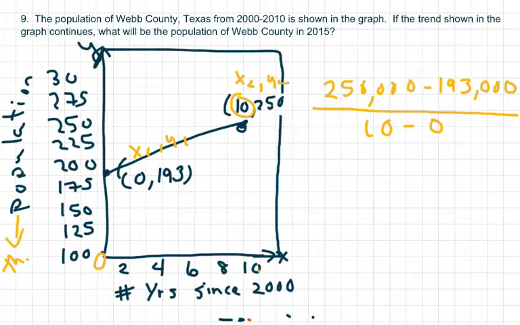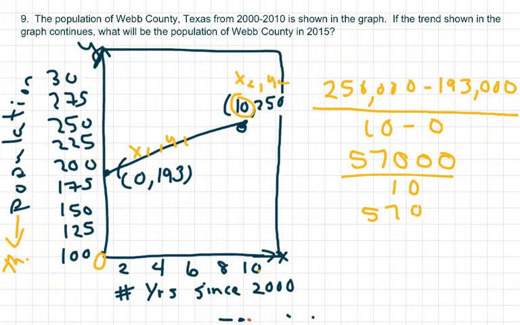And you're going to get 5,700 divided by 10, which is 570. That's your slope.